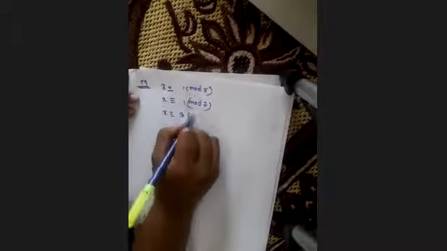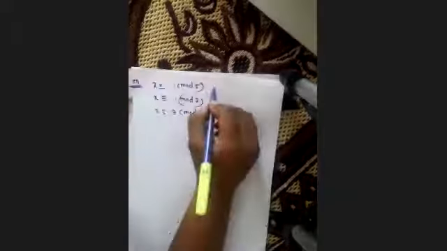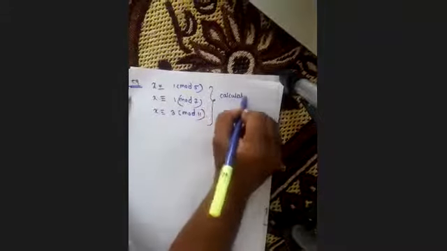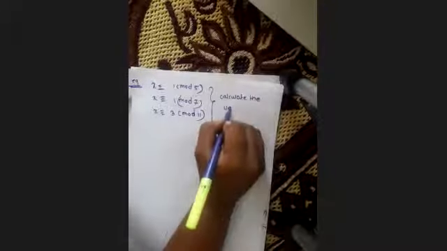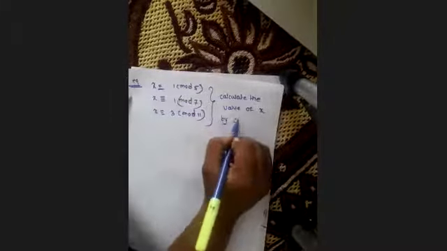Now this question will be asked for 10 marks in the Mumbai University examination. x is congruent to 1 mod 7, x is congruent to 3 mod 11, and the question will be calculate the value of x by CRT method. What is CRT? Chinese remainder theorem, by using CRT.